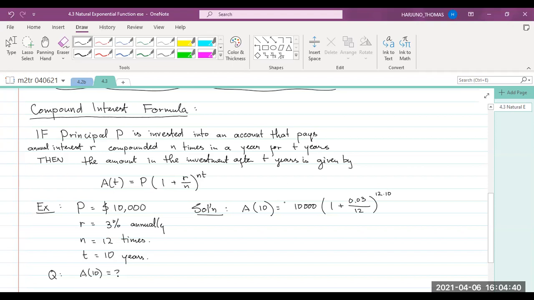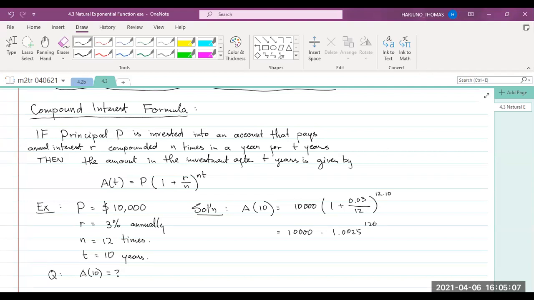From there, you just use your calculator to compute. So that's 10,000 times 1.0025 to the power of 120. That's how much money you will have at the end of 10 years.